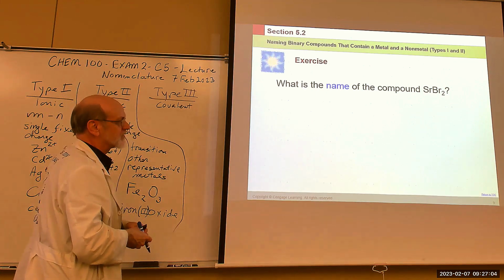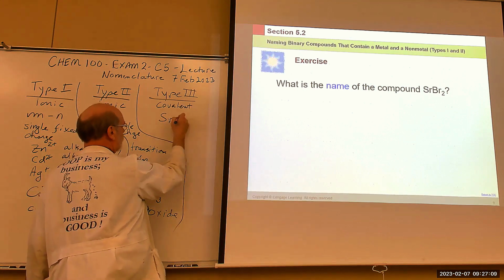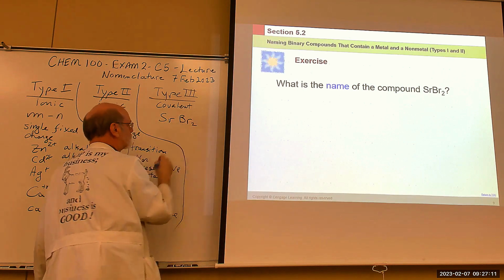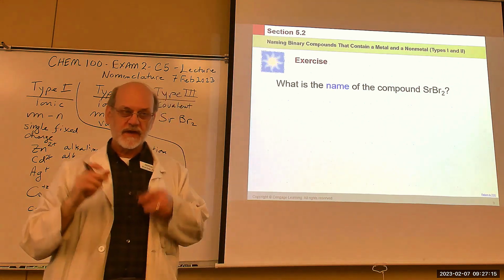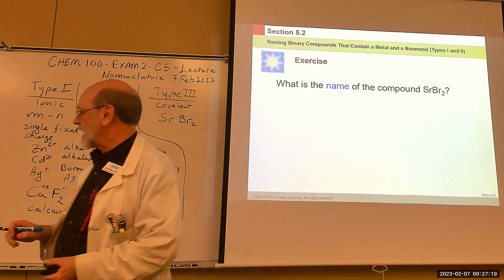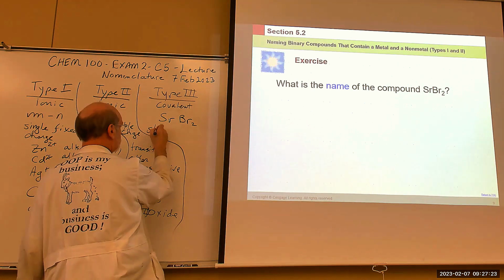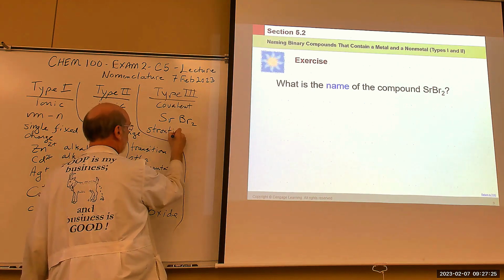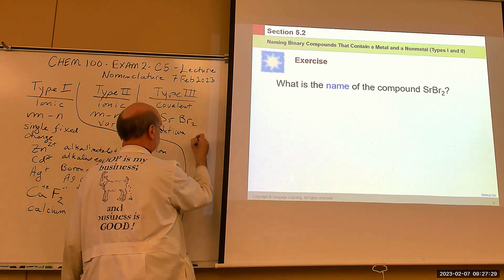Oh, here's an exercise. Okay, we can do this. Name the compound SrBr2. So what is Sr? Right, that was one of those elements that I had you memorize. Sr is strontium. So we write strontium and bromide.